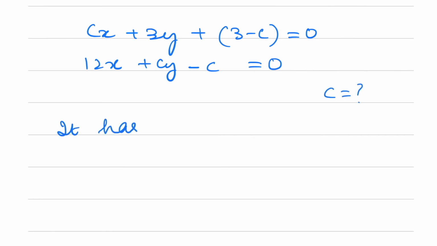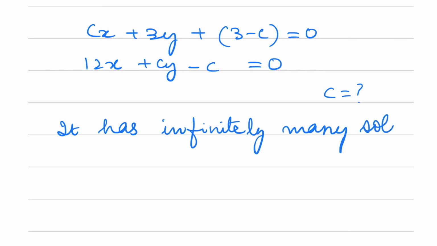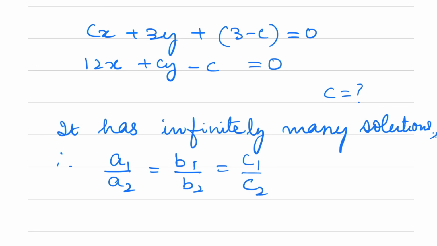It has infinitely many solutions. Therefore, the ratios of coefficients of the equations are equal. So A1 by A2 is equal to B1 by B2 is equal to C1 by C2.